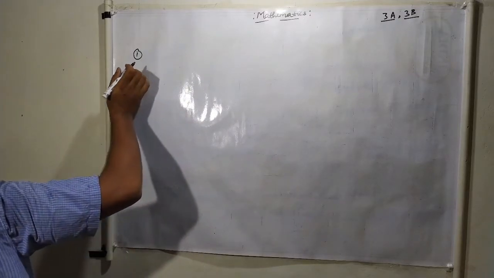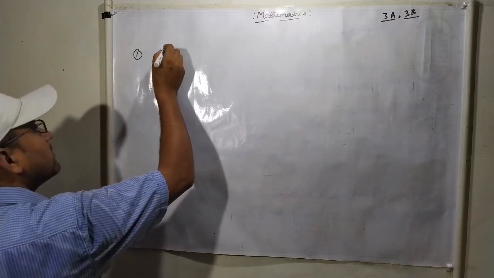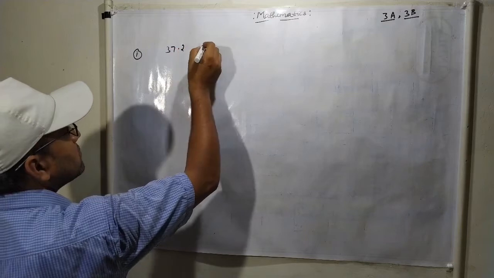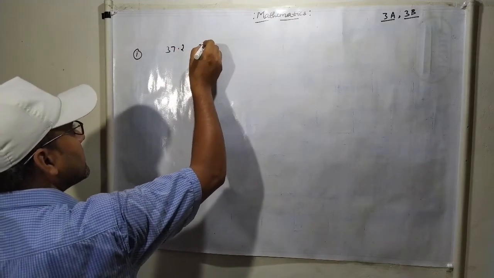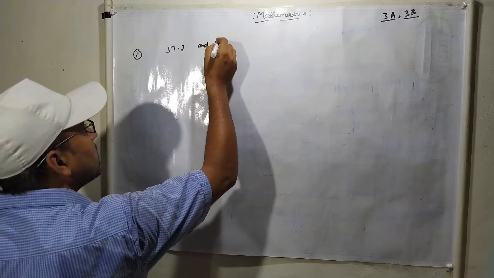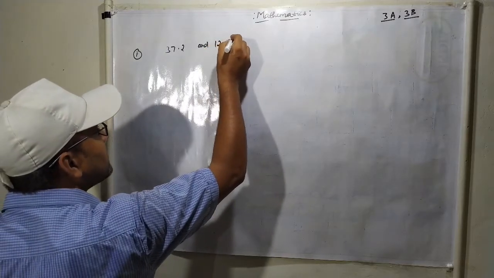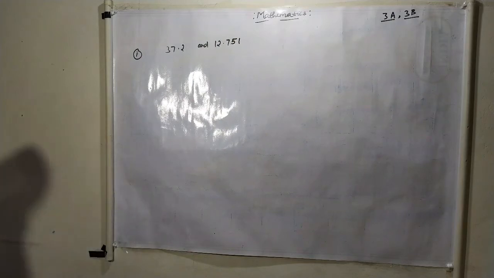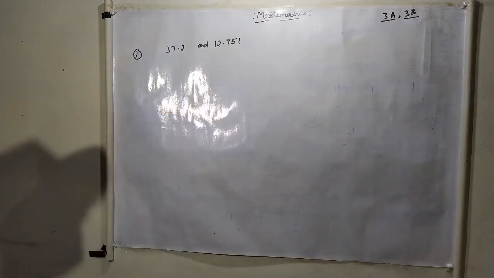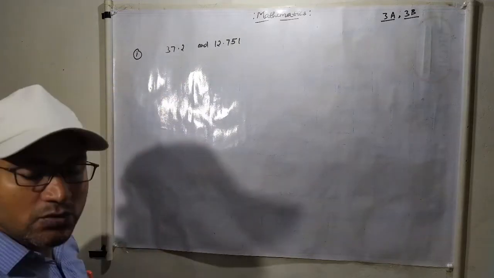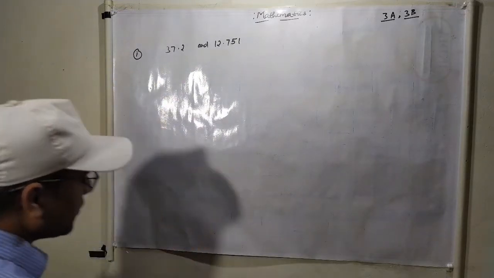Suppose your question is given: 37.2 and 12.751, two unlike decimals. How will you change these unlike decimals into like decimals? Very important.